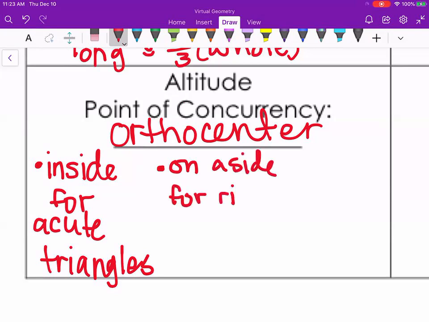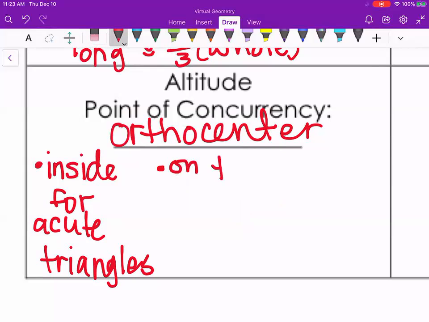for a right triangle. Oops, nope, sorry. If it is a right triangle, it will be on the right angle. So let me fix that. There we go.